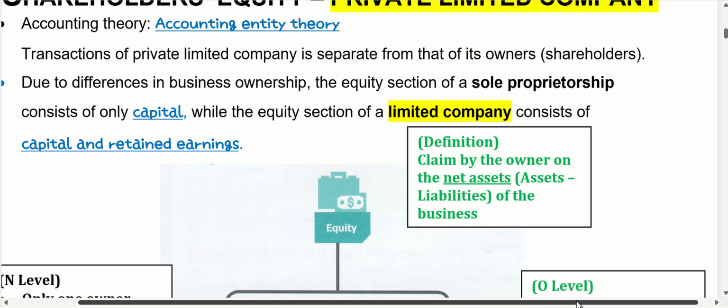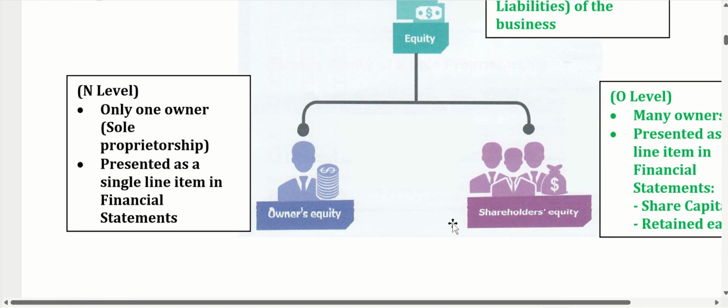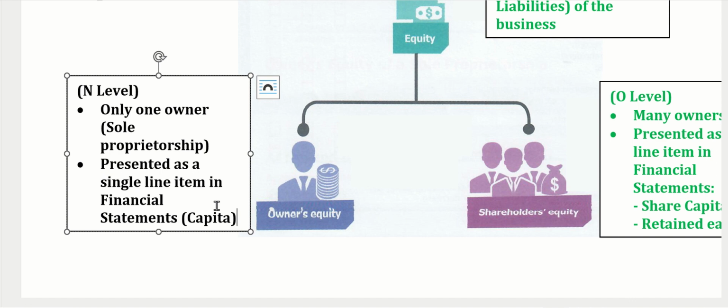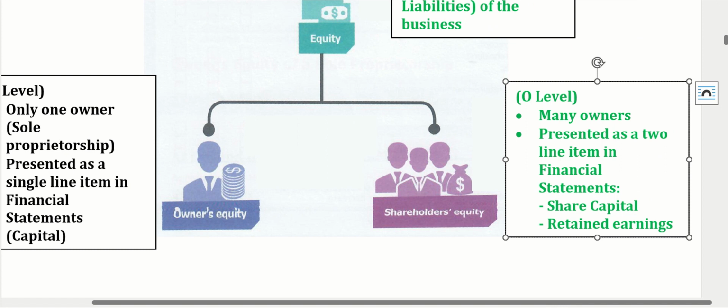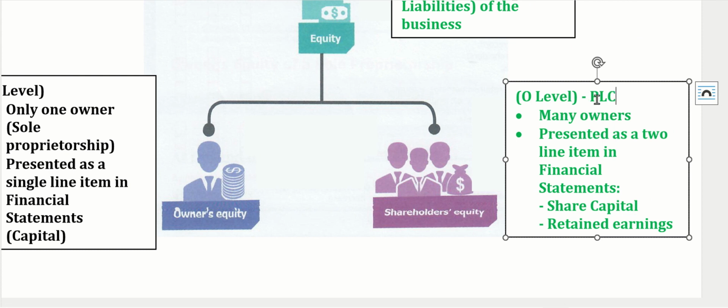All right, so in the N levels, you only need to know how to account for a single owner. And really that's quite straightforward because it's presented as a single line item. You see it as capital inside the financial statements. But in the O level, you need to learn how to account for a private limited company.